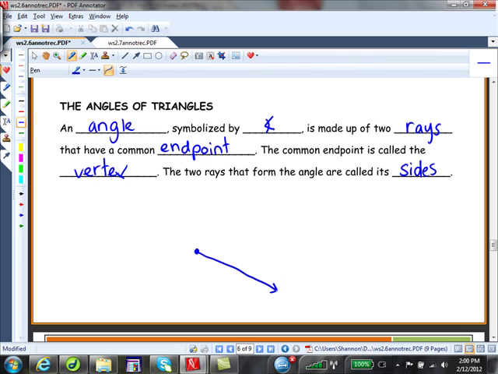Just imagine rotating that ray, and let's say it terminated here. So each of these is a ray, this is a side, here's another side, and then this point right here is considered the vertex. And then we'll often say this for angle. Alrighty?